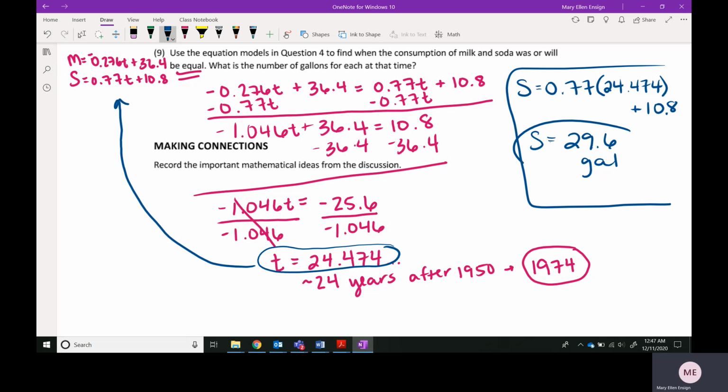Okay, so about. Now, if I did that in the other one, I should get roughly the same. It might not be exactly the same because of our rounding this number, right? 0.474 is just rounded, but it'd be roughly about 29 gallons.